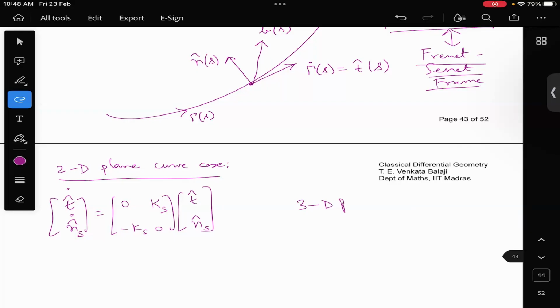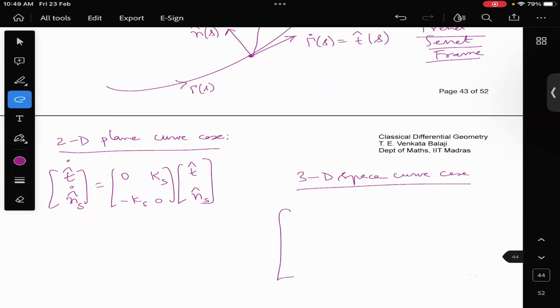So in the 3D space curve case, you have to now record the derivatives of the whole frame. So it is t cap, n cap, b cap, their derivatives, dot, mind you, is d by ds, okay.